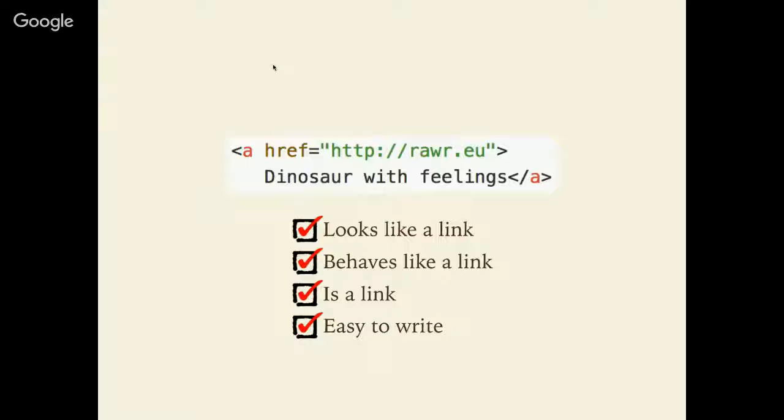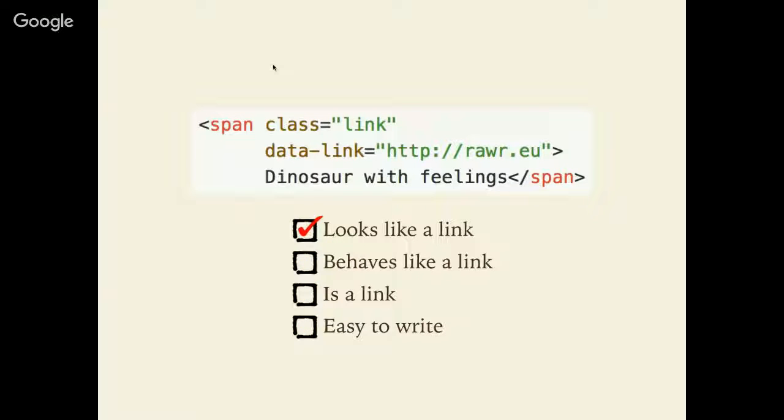We go to the next slide, which has a piece of code on it, which is a span element with a class of link and a data-link attribute of rawr.eu, the link that was in the href attribute on the previous slide.